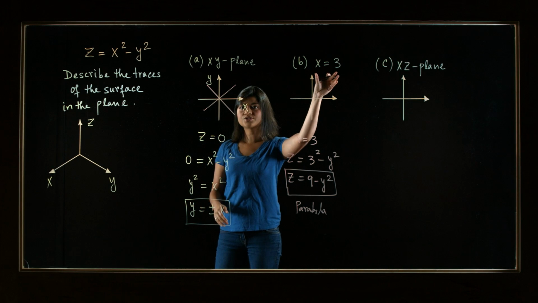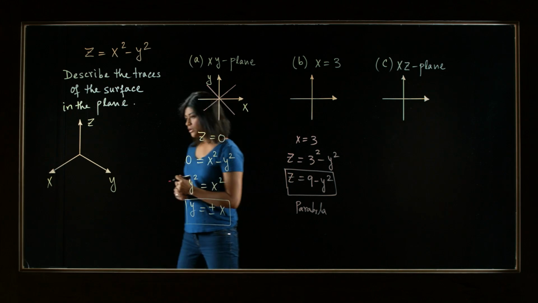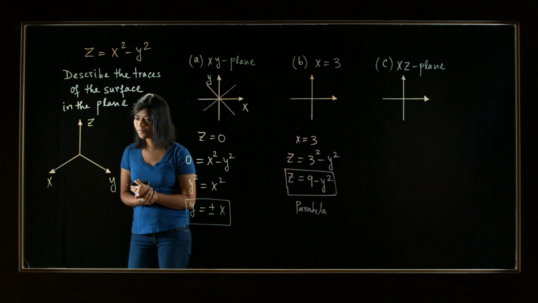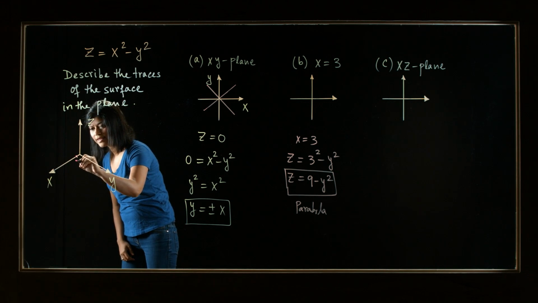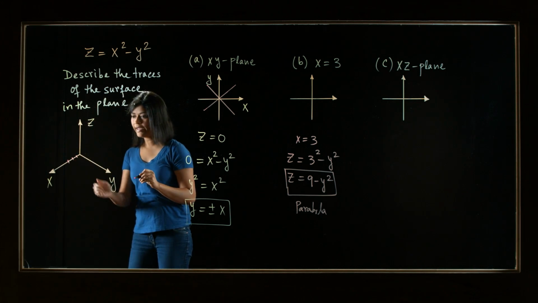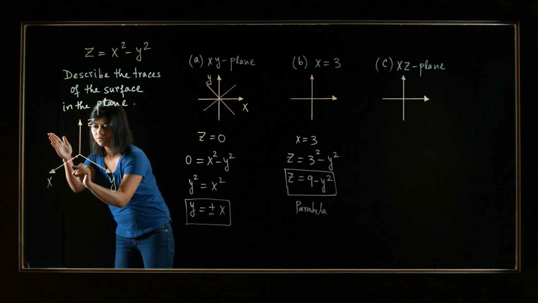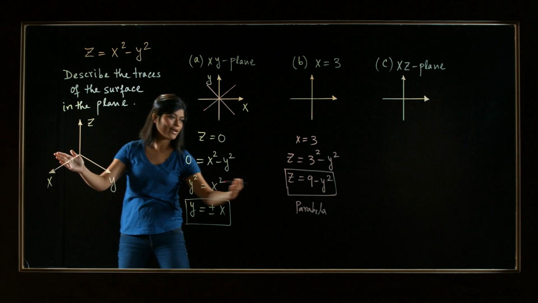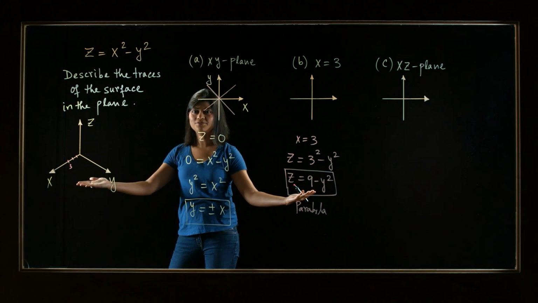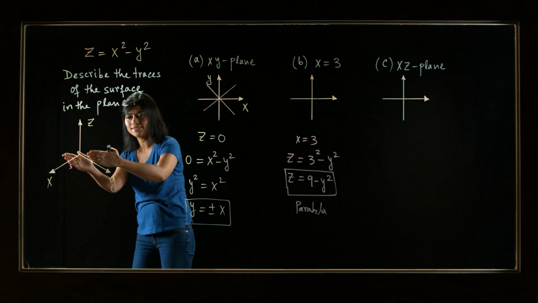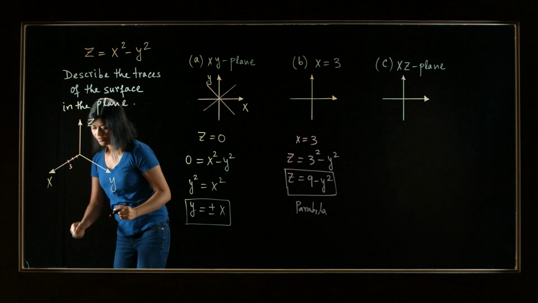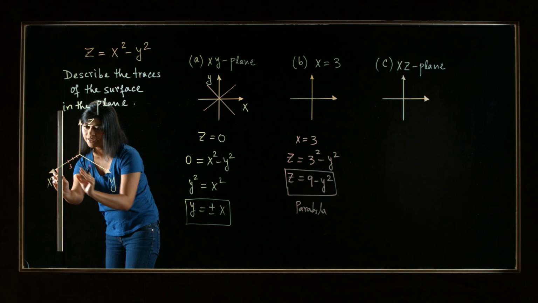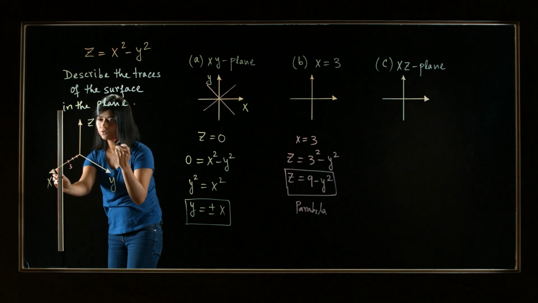But what does this x equals 3 plane really look like? x equals 3 is a plane passing through x equals 3, if this is 3, and it will be parallel to the yz plane. And that's why our equation here has y and z variables, because the plane is parallel to the yz plane. I can try to give you a quick idea here. It is sometimes difficult to draw this.